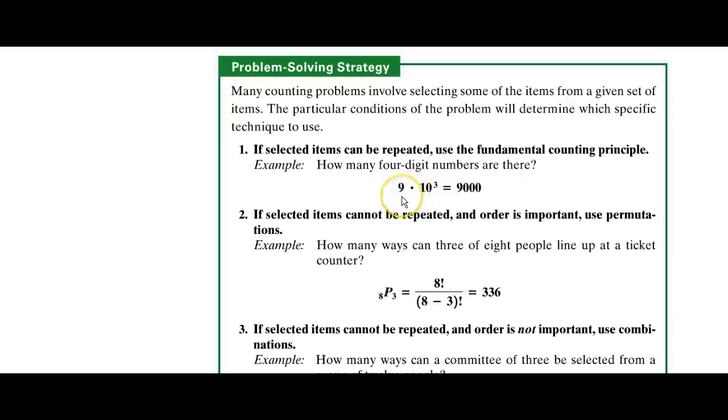And we did this earlier, where we said of the symbols for the digits, there are 10, but the 0 didn't count in that first position, so we can only have 9. But then in the next 3 positions, there could be all 10 symbols used. So that would be 10 times 10 times 10, which they're summarizing here as 10 to the 3rd. And this is 1,000 times 9 is 9,000.